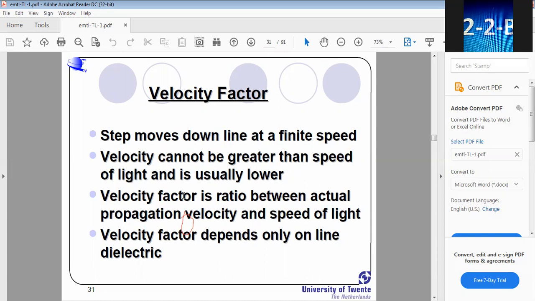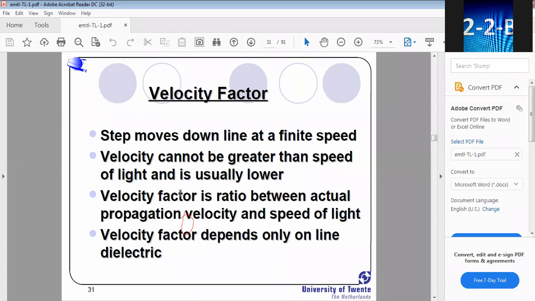How much factor it decreases by is the velocity factor. You get it? That is the velocity factor. The author defined it in this way.